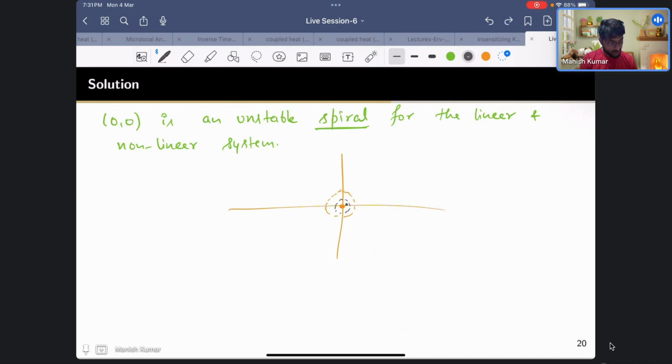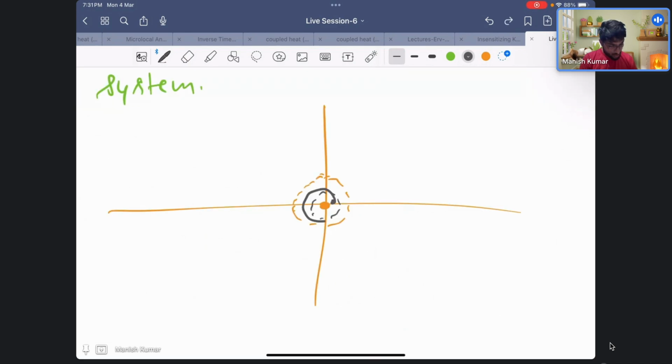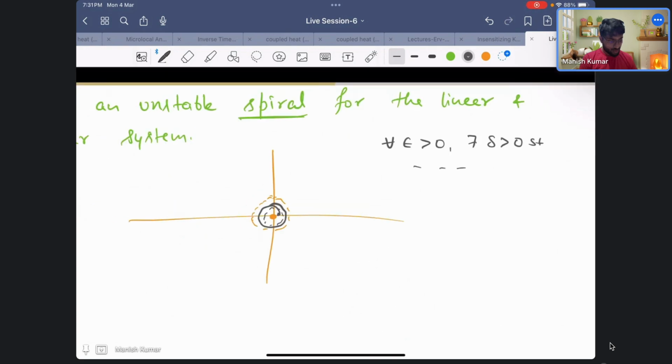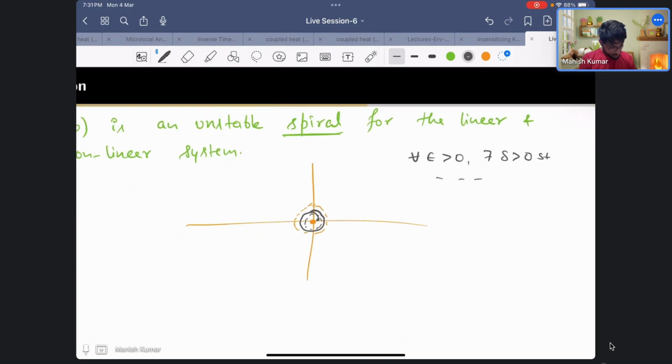So let me write here in mathematical terms: for epsilon greater than 0 there exists delta greater than 0 such that something happens. You cannot actually conclude, but let me mention what I want to say.